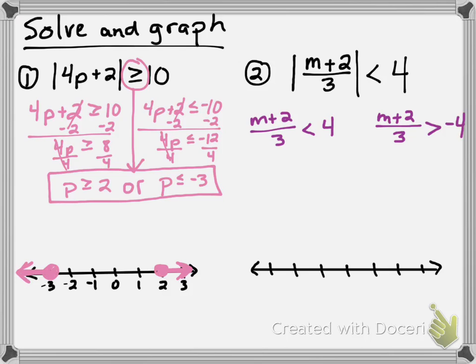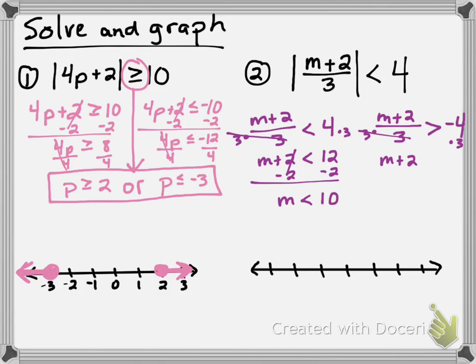So I solve each one, multiply by 3 on both sides. M plus 2 is less than 12. Subtract the 2, and I get m is less than 10. On the right inequality, again, I'd multiply by 3. This time I get m plus 2 greater than negative 12, but I still didn't flip the inequality because I didn't multiply by a negative. I multiplied by positive 3.